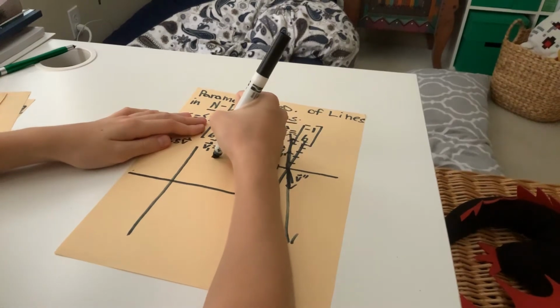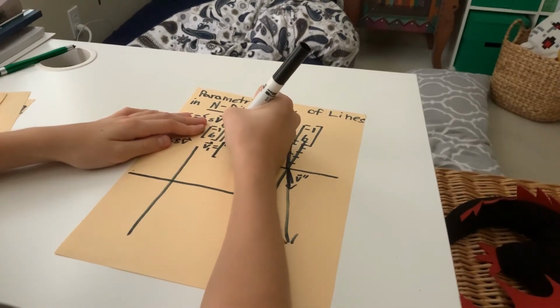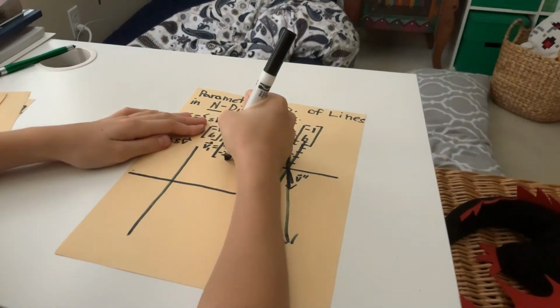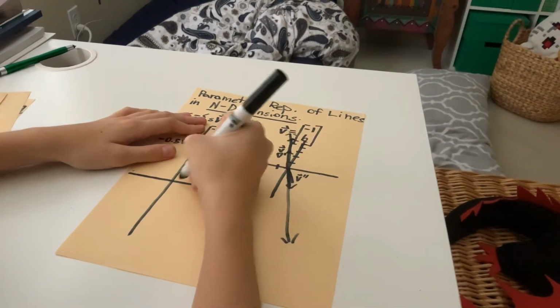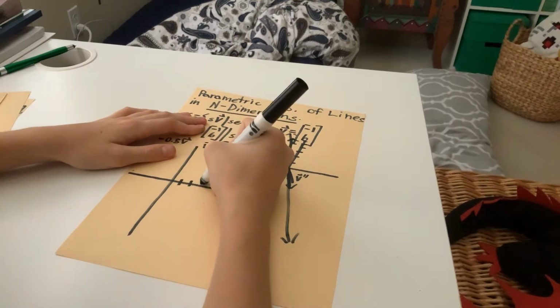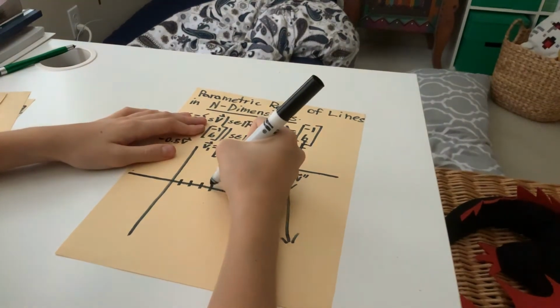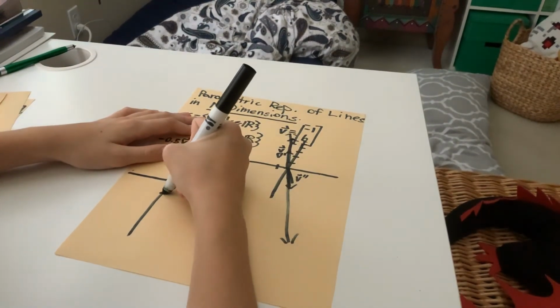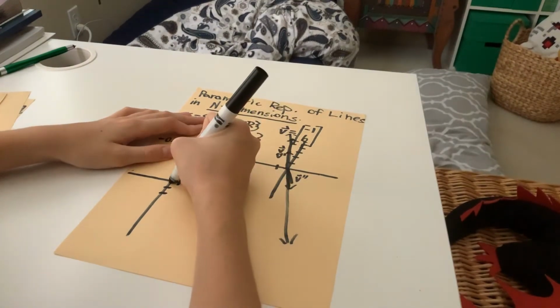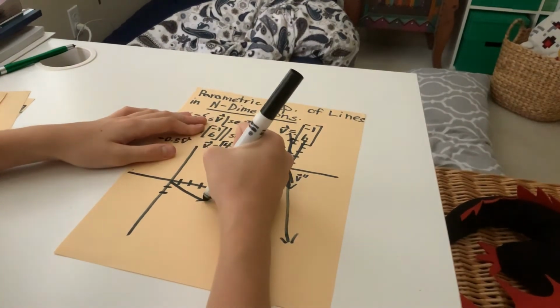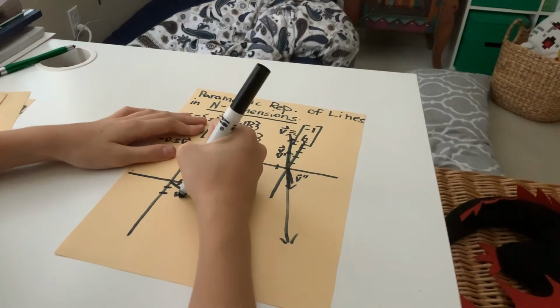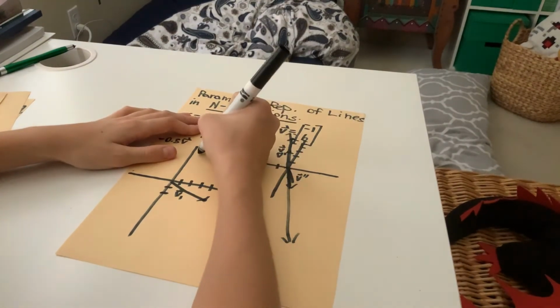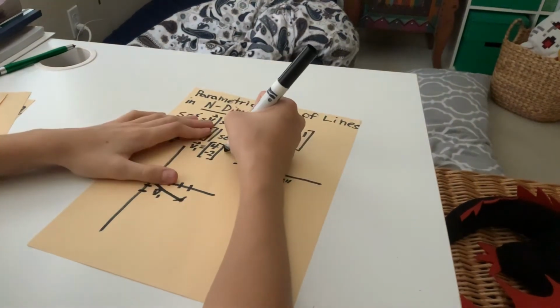Let's set v1 equal to 4, -2. So 1, 2, 3, 4, and then 1, 2. So this is our v1, vector 1. Then v2.